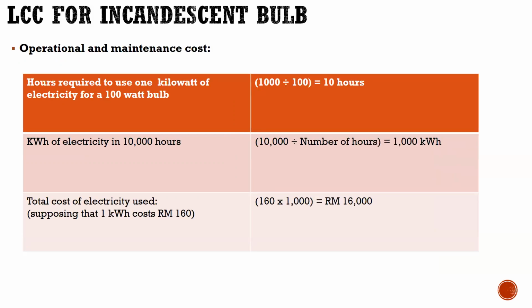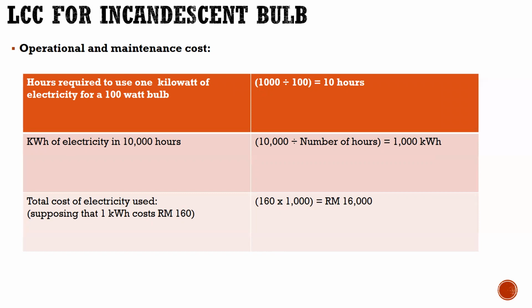Now, the operational and maintenance cost of the incandescent bulb. We have now finished with the initial cost. Now, what is the operational and maintenance cost of such a bulb that cost you 250 Malaysian ringgit? The hours required to use 1 kilowatt of electricity for a 100-watt bulb will be what? 1,000 divided by 100, which is equal to 10 hours.